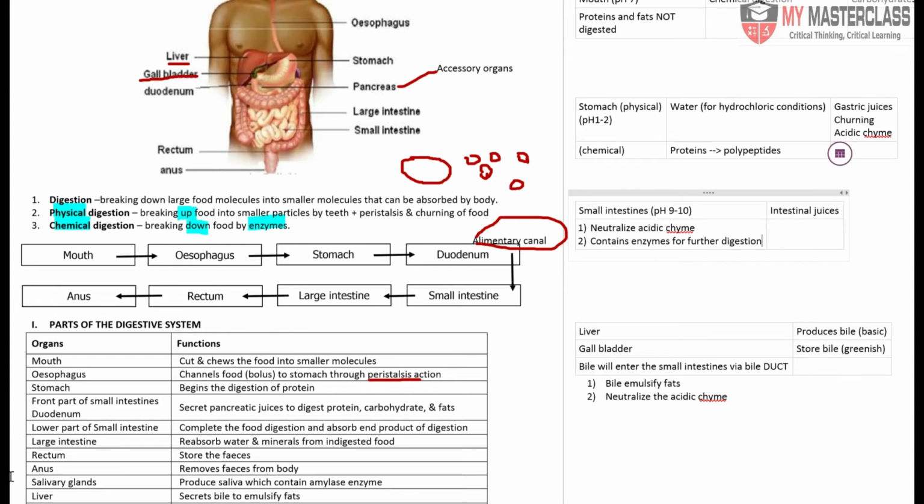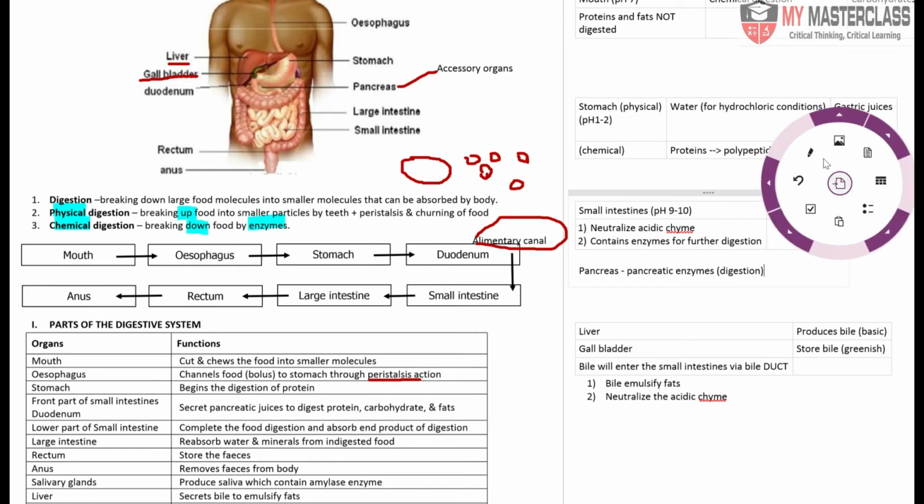Now, in the front part of the small intestines, not only does it receive help from the liver and the gallbladder, which are the accessory organs, it also receives help from the pancreas. What does the pancreas do? It will secrete pancreatic enzymes, which will enter the small intestines and help with digestion itself.